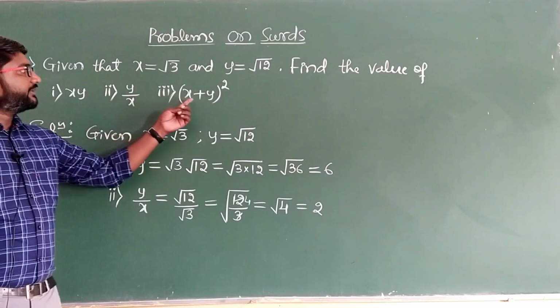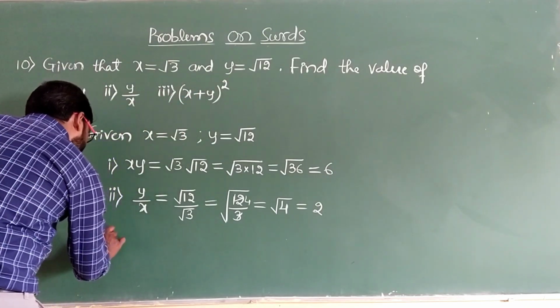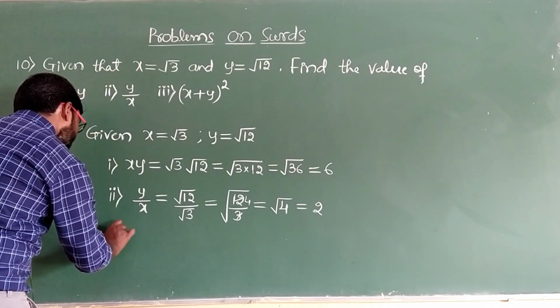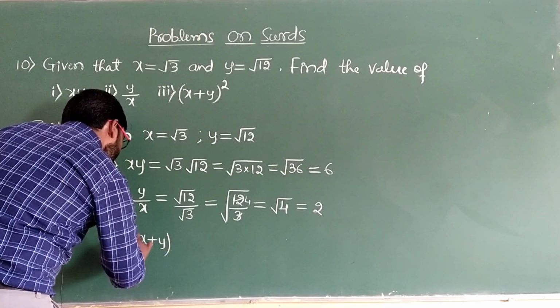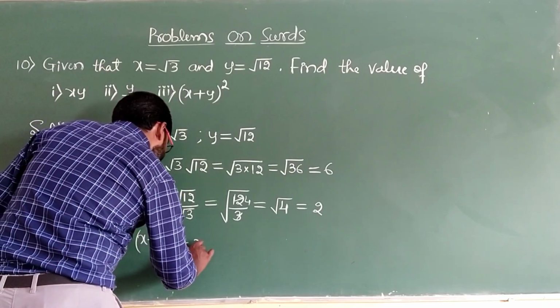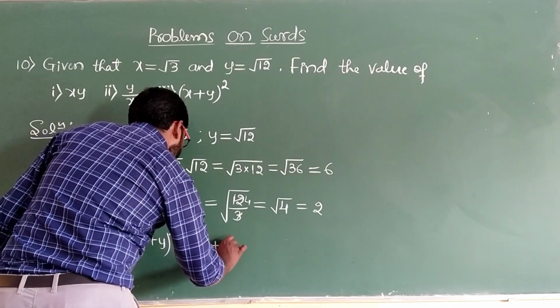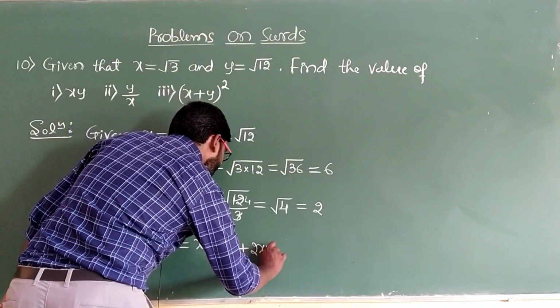Next we have to calculate x plus y the whole square. So let us go for the third one. x plus y the whole square is equal to x square plus y square plus 2 times xy.